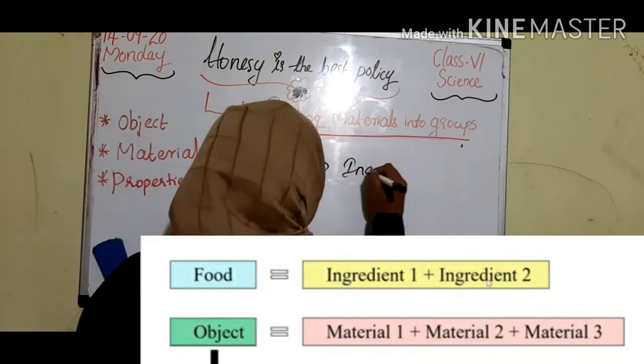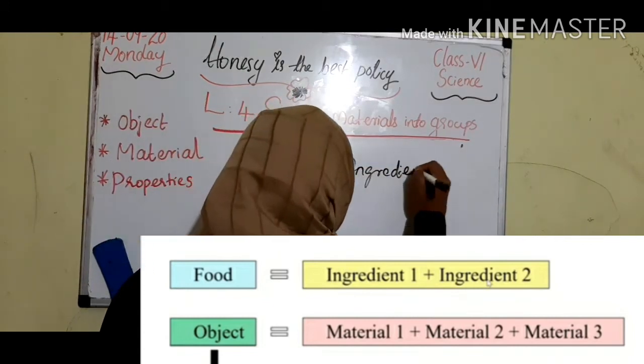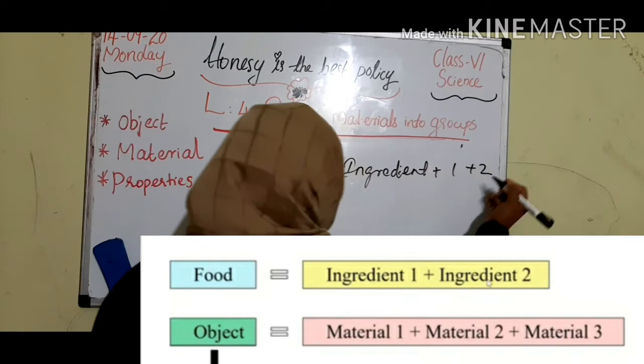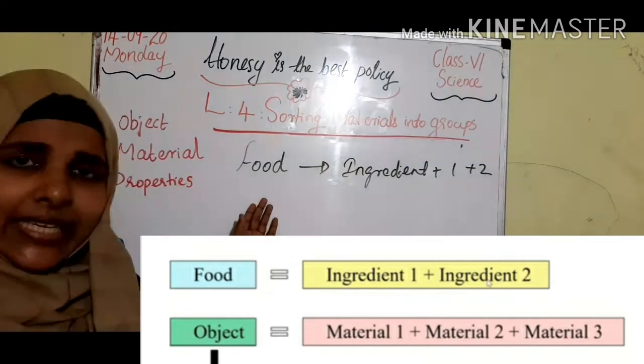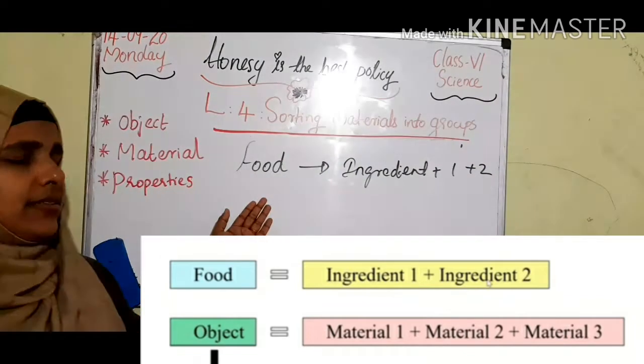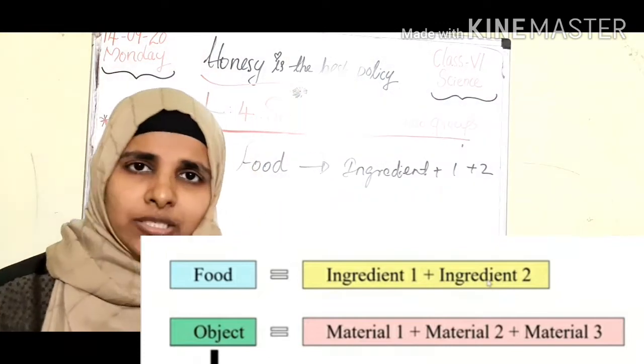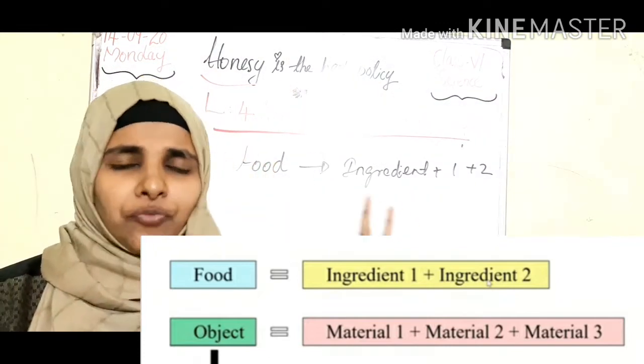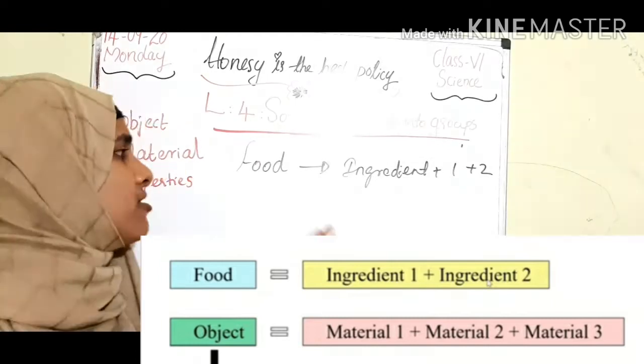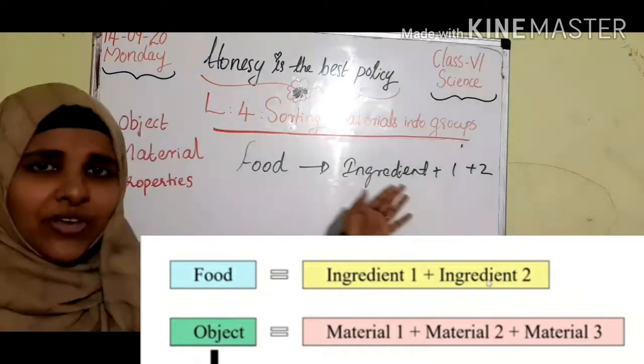Suppose we take the example of chapati: it is made from different ingredients like salt, atta, and water, right? So food is made from different types of ingredients.